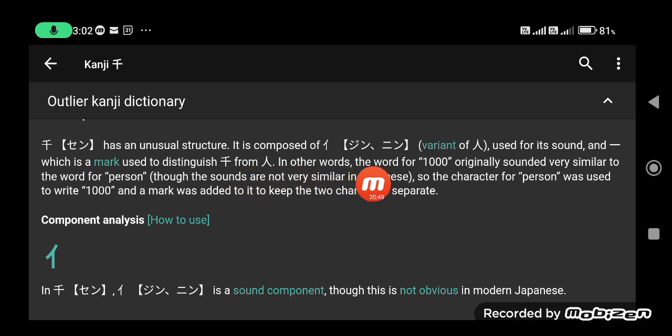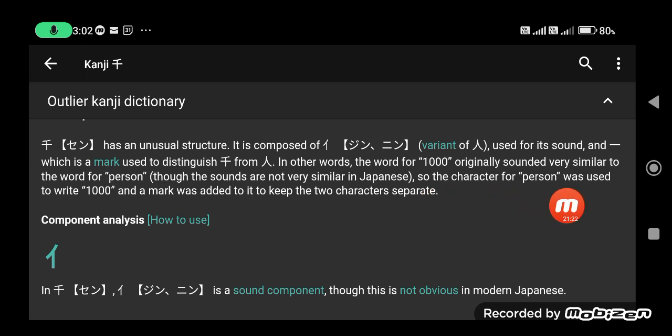In other words, the word for 1000 originally sounded very similar to the word for person, though the sounds are not very similar in Japanese, because we have to remember that Japan just borrowed or adopted these Chinese characters from China. So the etymology, or process of evolution of words and sounds, happened during the ancient times in China and not in Japan.